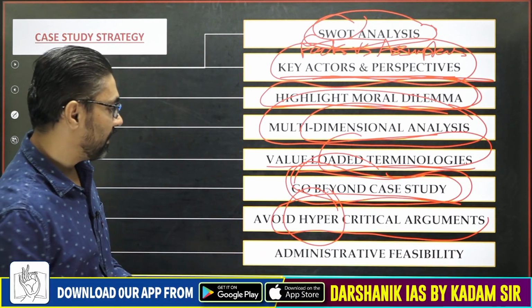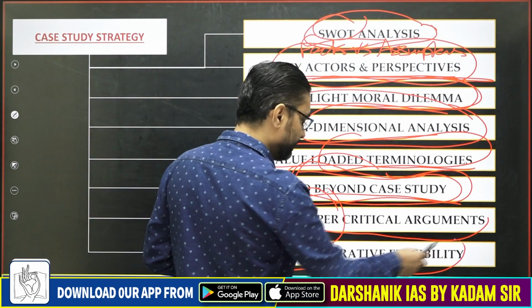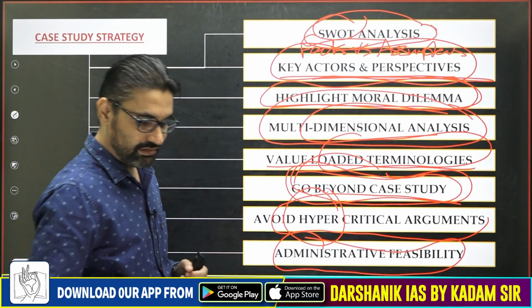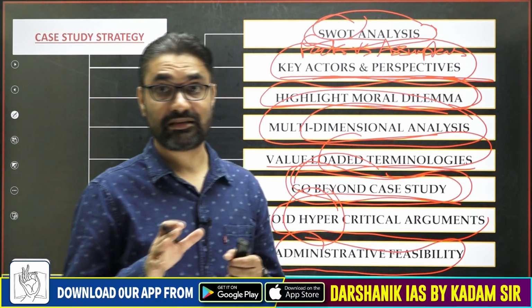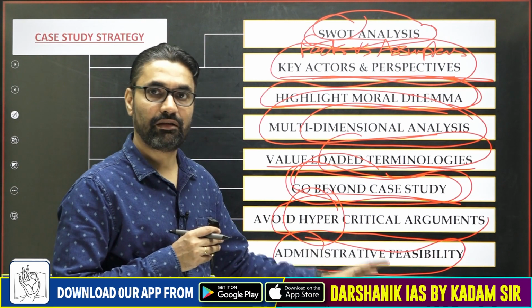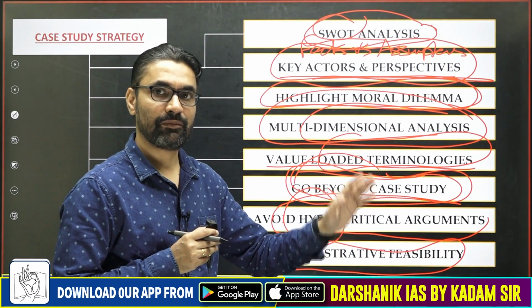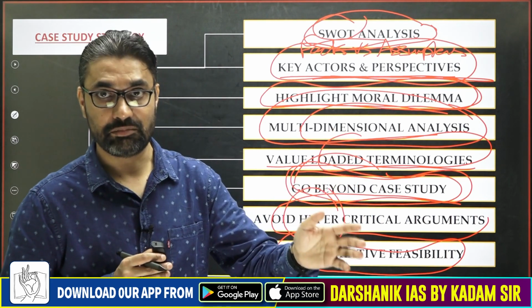And combined with that, I explain to you administrative feasibility. Every decision that you are giving, because UPSC is taking this exam for administrators, you need to consider the administrative feasibility of each and every solution you are giving. Don't give any solution which is not administratively feasible.